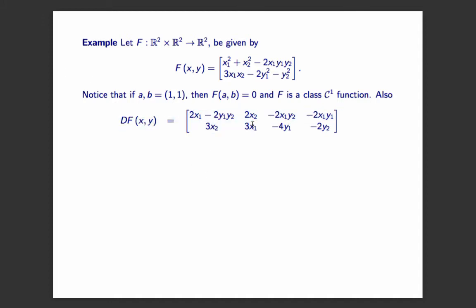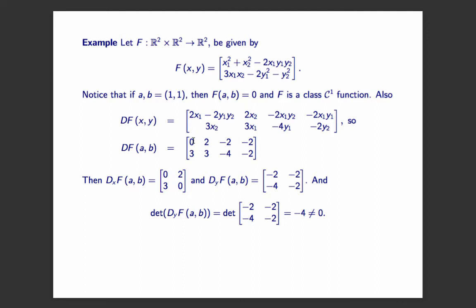But this first 2 by 2 block is the derivative of f with respect to x, and the second 2 by 2 block is the derivative of f with respect to y. If I think of these as separate variables, holding one constant, taking the derivative with respect to the other. Now, if I evaluate at x equal to a and y equal to b, and remember both a and b are the (1, 1) vector, I get this matrix.